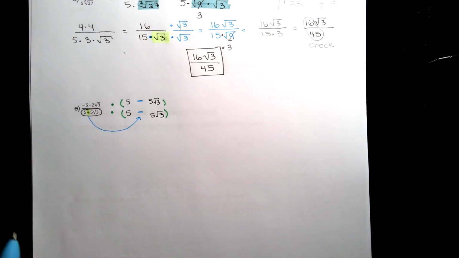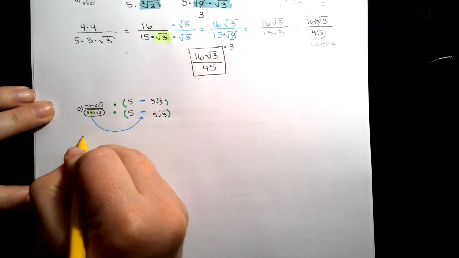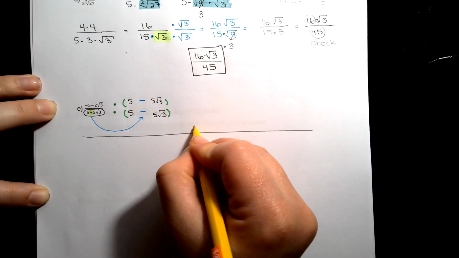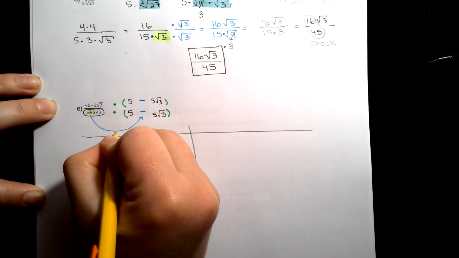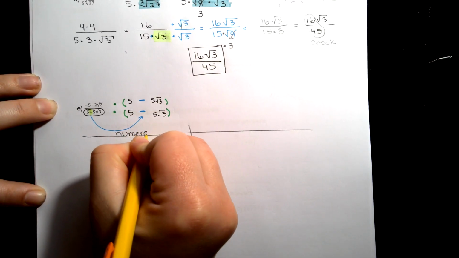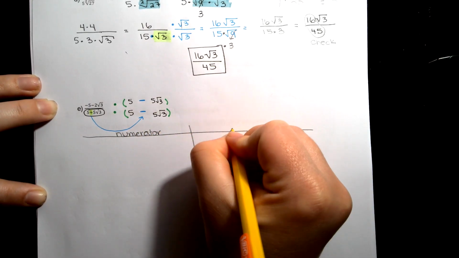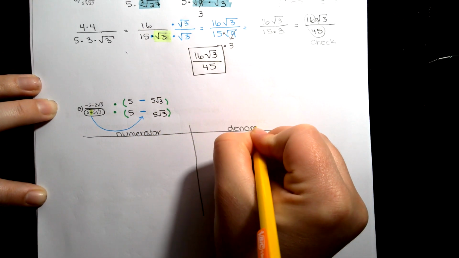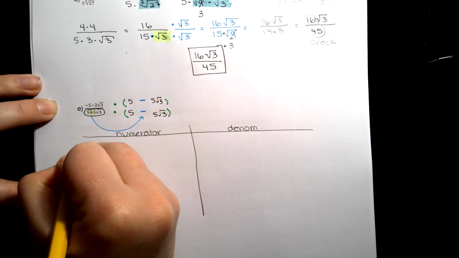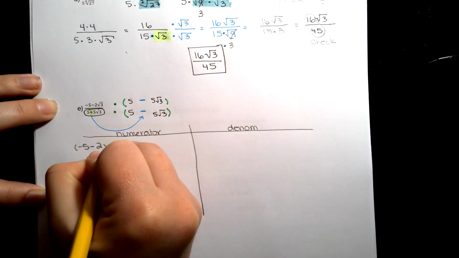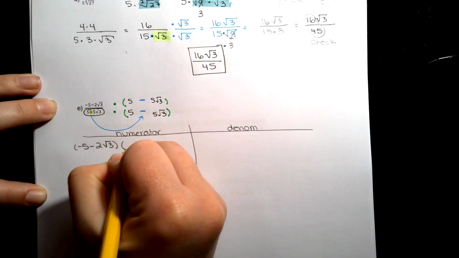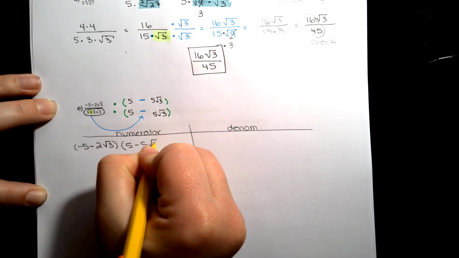Now, the easiest way to do this is separating this out via kind of like a table. And this helps you keep organized of what your numerator versus denominators are, especially when you're multiplying. So for our numerator, we have negative 5 minus 2 root 3 times 5 minus 5 root 3.